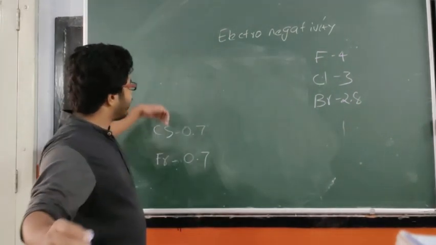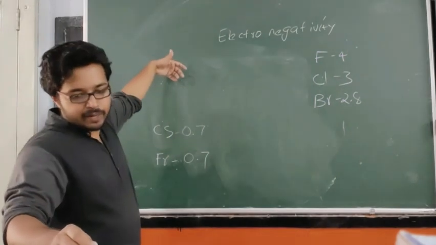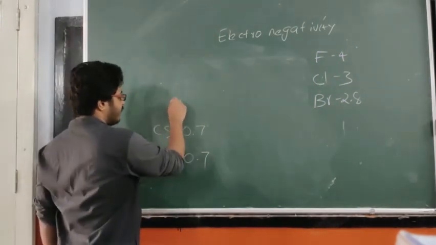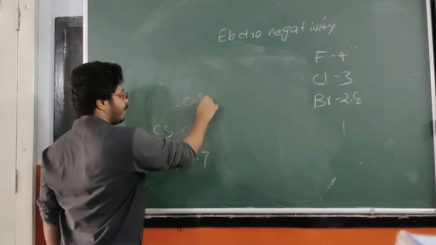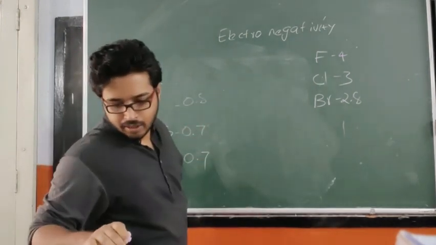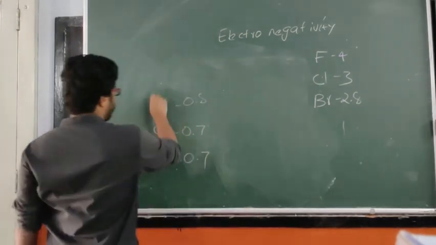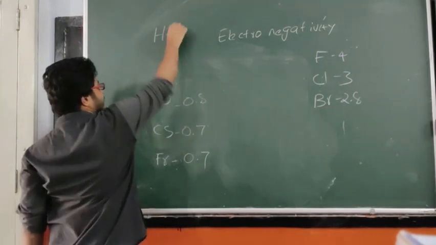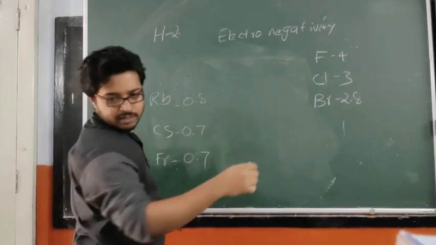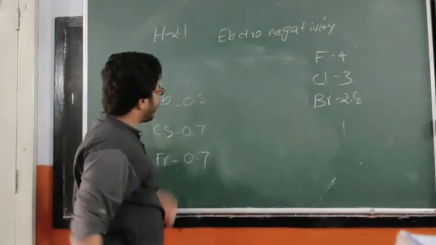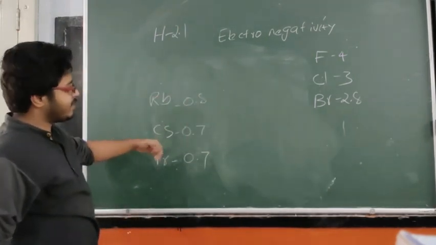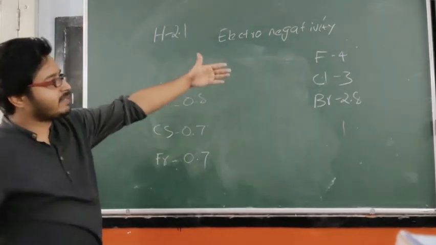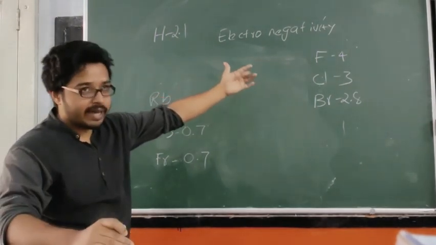If we go up in the periodic table, the value increases to 0.8 for rubidium, and if we reach up to hydrogen, it is 2.1. If you observe this, it is the same case as the halogen group.